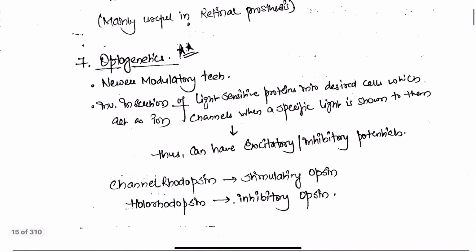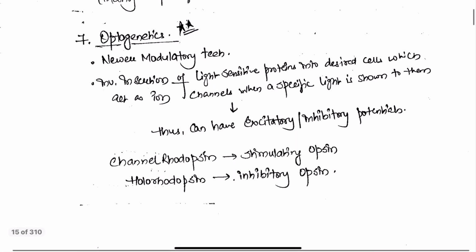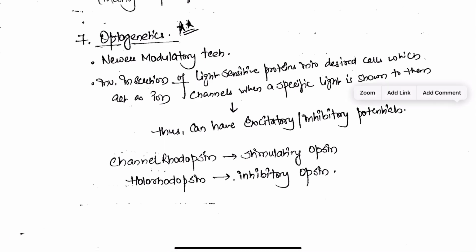Now coming to optogenetics. What optogenetics does is, we found that there are some things called opsins. These opsins are found in the membrane of cells and respond to light.